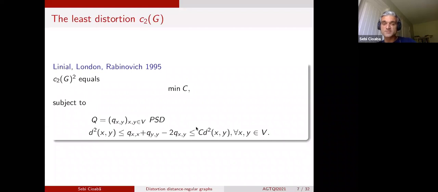Here the square of c2(G) is the minimum of this. So this constant D that I had before, which appeared here as D squared, was replaced by this C. From the previous equation, you can say that c2(G) squared equals the minimum C, subject to the constraint that you have this V by V positive semi-definite matrix Q satisfying these inequalities.